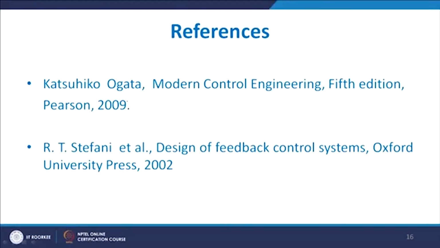So we can use this type of result for different problems. Here I have solved one example; you can solve as many examples as possible and see whether this methodology satisfies the steady state error. References for this are Ogata and Stepney et al. Thank you.